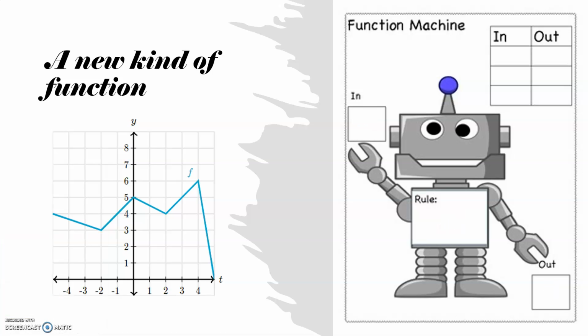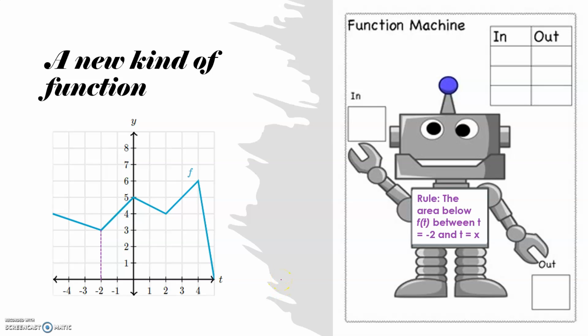We are going to make this function machine handle calculus. My rule for this particular function machine is, I would like the area below f of t, here's a graph of f of t, between t equals -2 and t equals x.